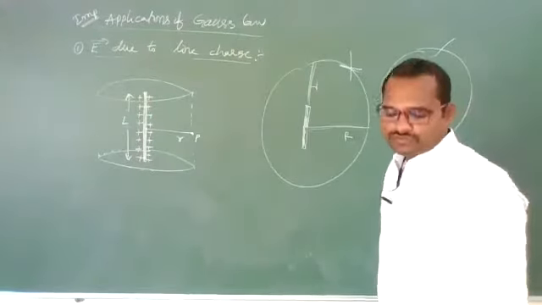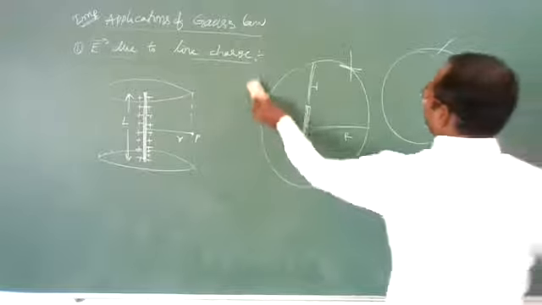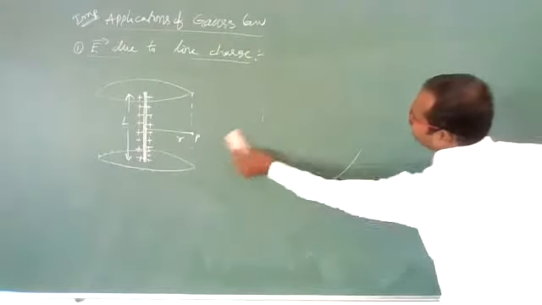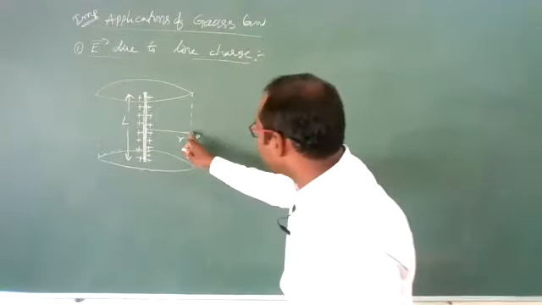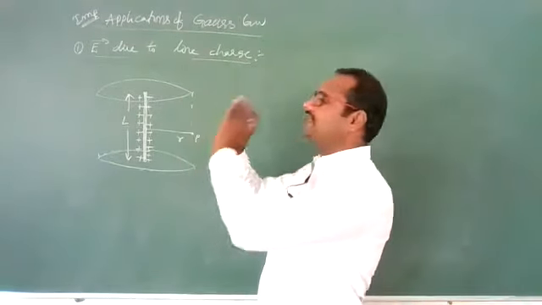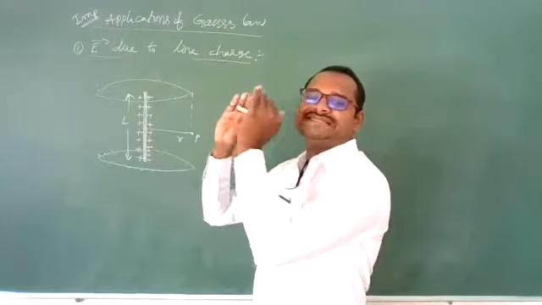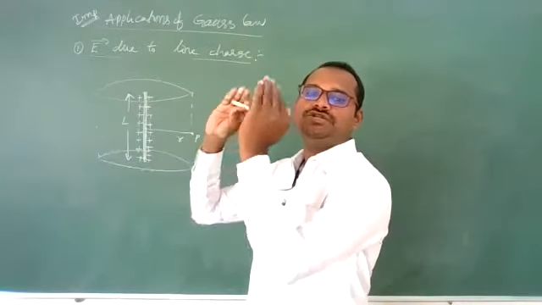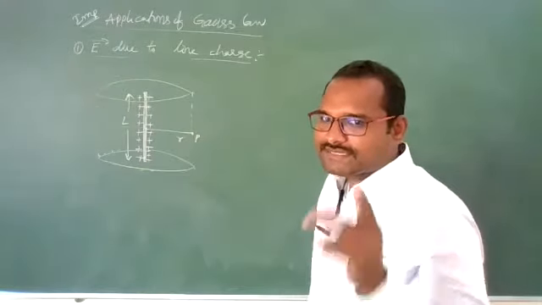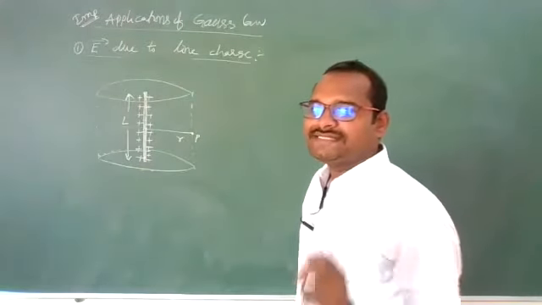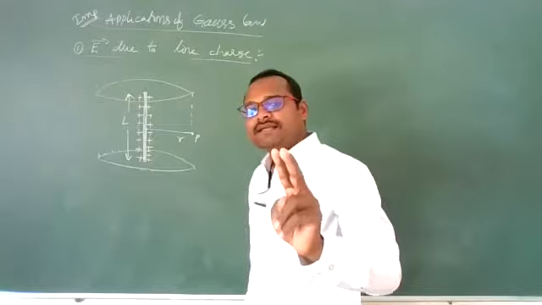Now, what do you need to do to apply Gauss law? The first point is satisfied for considering the Gaussian surface: the electric field at each and every point on that curved surface will be equal because the distance of the line charge from that curved surface is equal. Second, you need to see the direction of the electric field and the area vector.